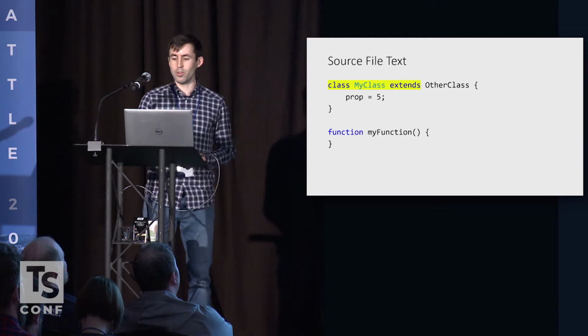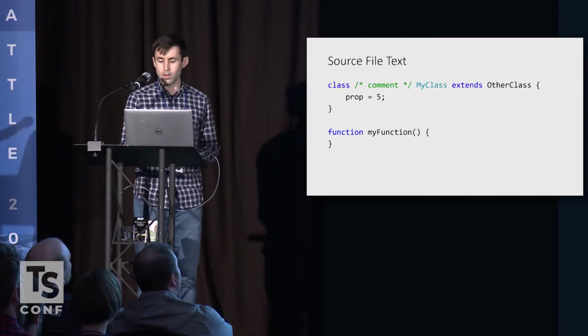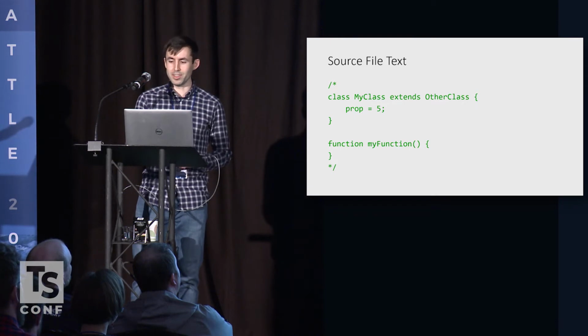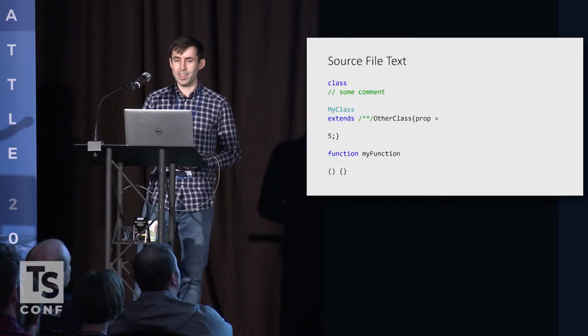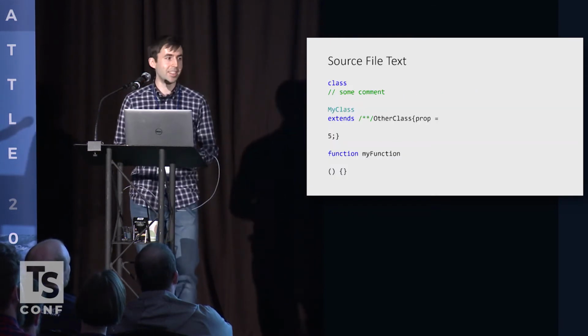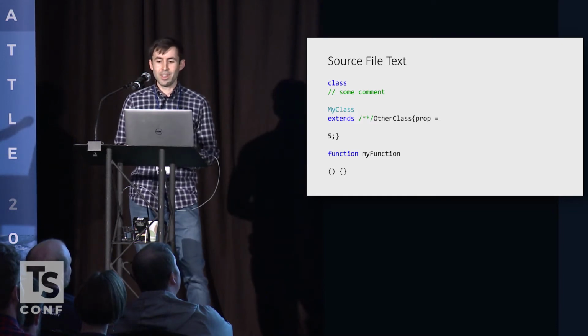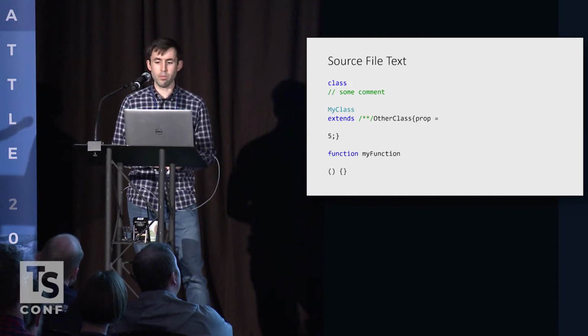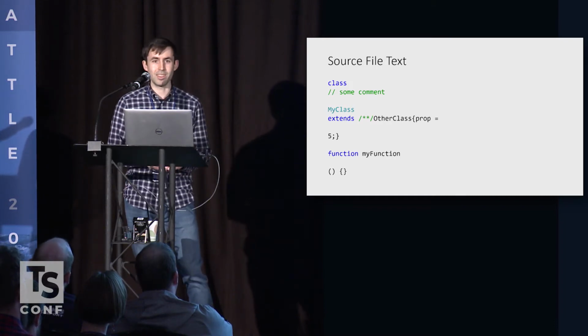What happens if the code looks like this? Or like this? Or for some strange reason, like this. This is syntactically correct TypeScript code, by the way. So when we're dealing with seemingly straightforward static analysis problems, we don't want to be dealing with disasters like that.